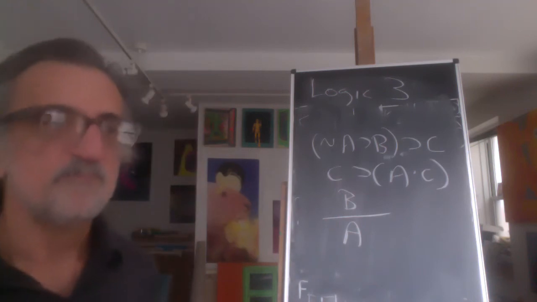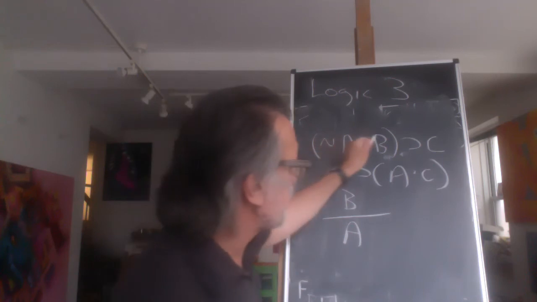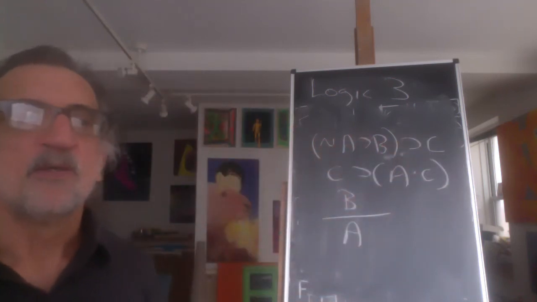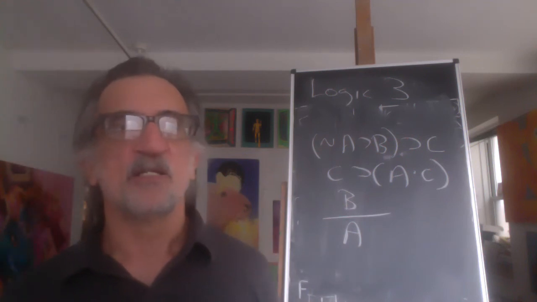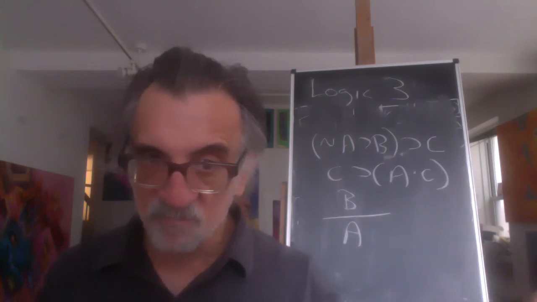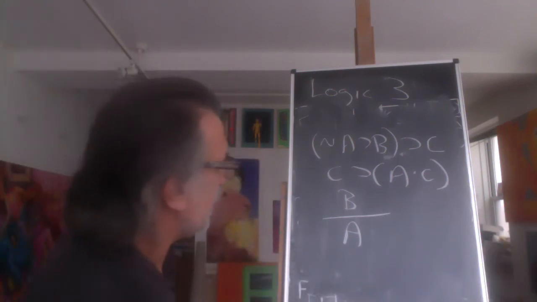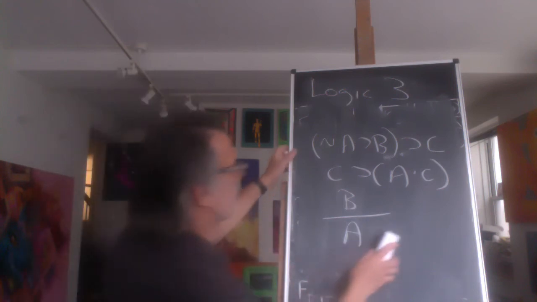So, if not A, then B, then C. If C, then A and C. B, well, we can just have B as a premise, and here the conclusion is A. All right, if you've got that, I'll draw up the truth table.